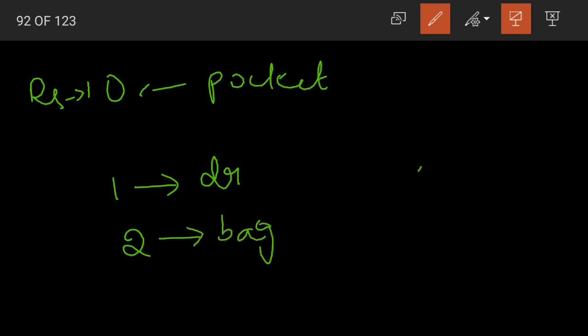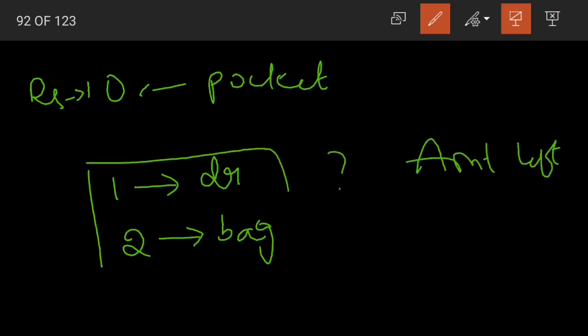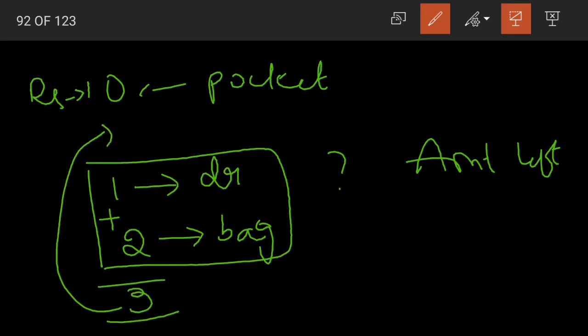I know that she cannot buy a dress and a bag for 1 or 2 rupees, but for example if we consider like this, what will be the amount left with Tina after spending? The total amount spent is 1 plus 2, that is 3, and when we subtract this spent amount from the total amount, we'll get the amount left.